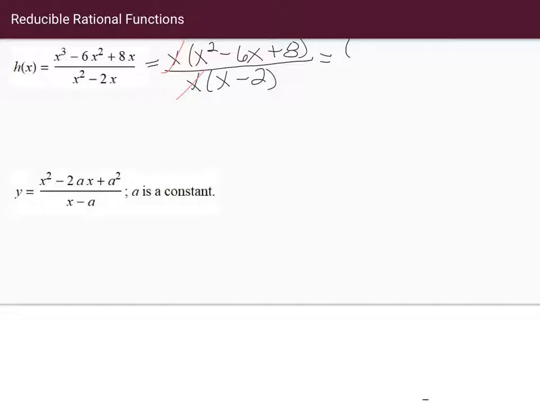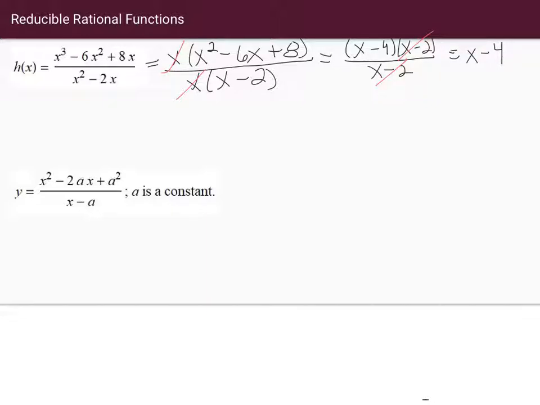So I say, all right, well, 8 is 4 times 2, so that's x minus 4 times x minus 2 divided by x minus 2. So I see again, I can cancel out from the numerator and denominator the factor of x minus 2, and it turns out that h of x can reduce down to x minus 4.